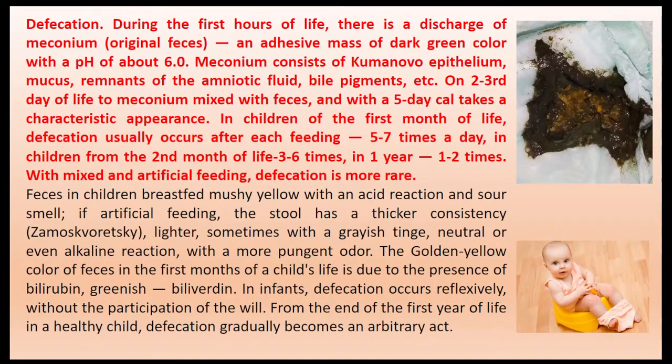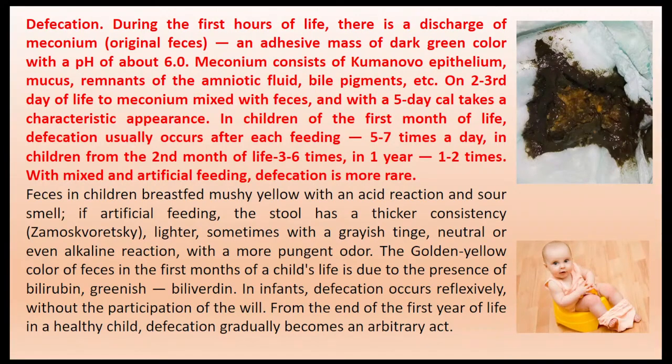Defecation. During the first hours of life, there is discharge of meconium. Meconium is the primary feces, or original feces, an adhesive mass of dark green color with a pH of about 6.0.